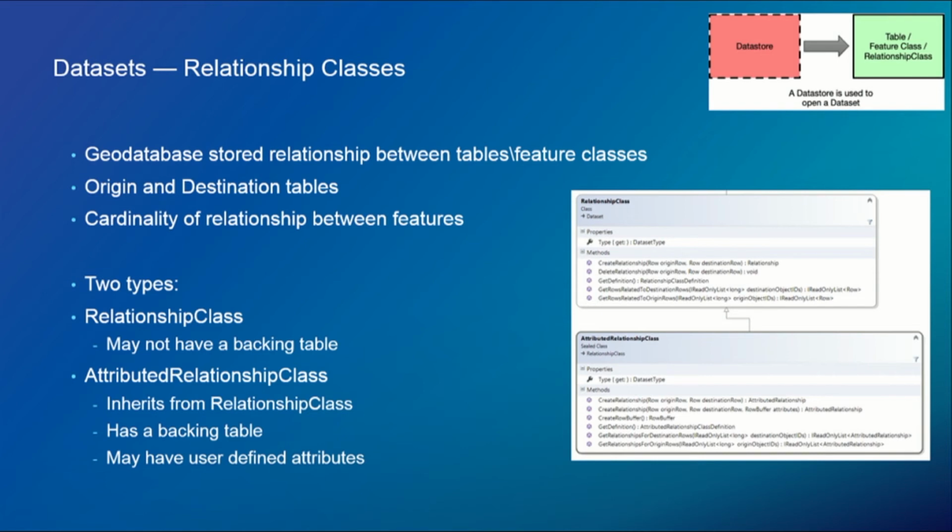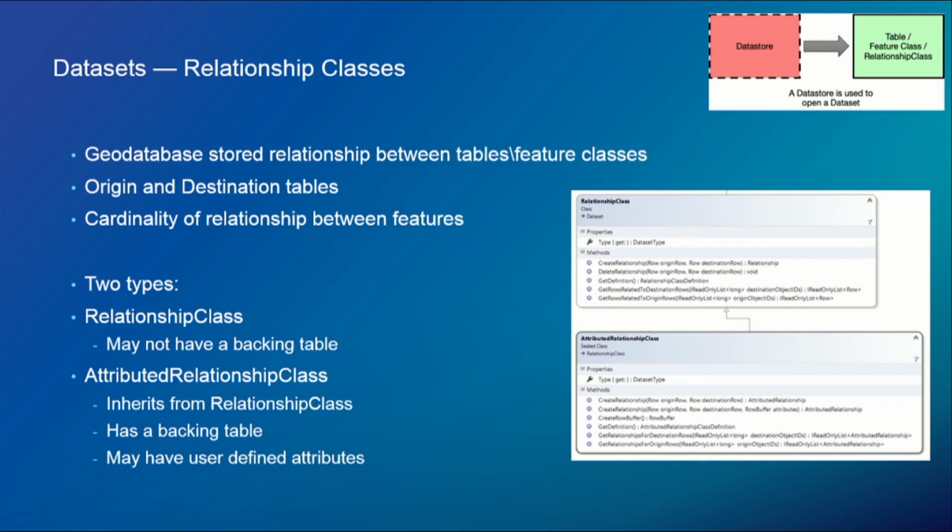Now we also support many-to-many relationships through this attributed relationship class. This is a subclass, and unlike relationship class, it is implemented using an actual table in the geodatabase. And basically that table has just foreign keys pointing to the source and destination. So this is for, again, many-to-many relationships.